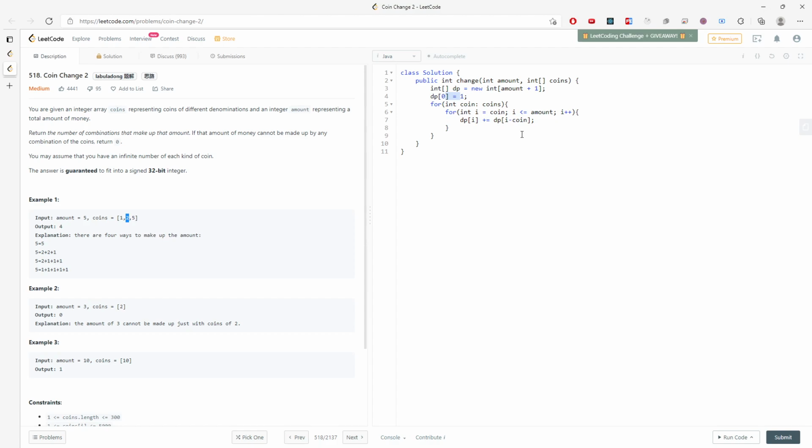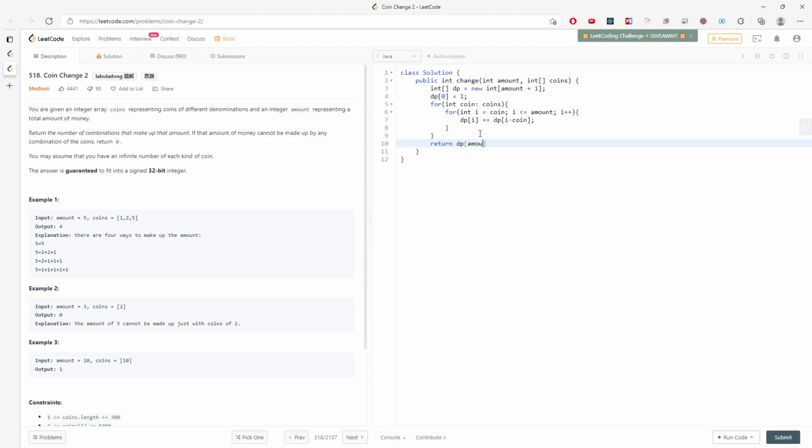So then you have 3. 3 minus 2, the coin is still 2, is 1. We already know dp[1] is 1, so 1 plus 1 equals 2. Just use the previous DP value and keep adding, and this will be the solution.